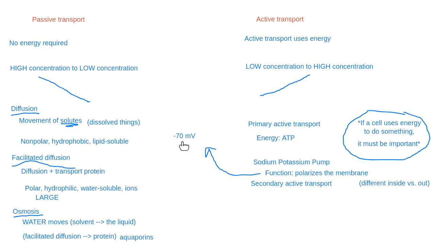But this idea of needing to be different inside and outside, that's so important that my cell is willing to use its ATP, its energy money, to make it happen. So my first type of active transport is called primary active transport. My second type of active transport is called secondary active transport.